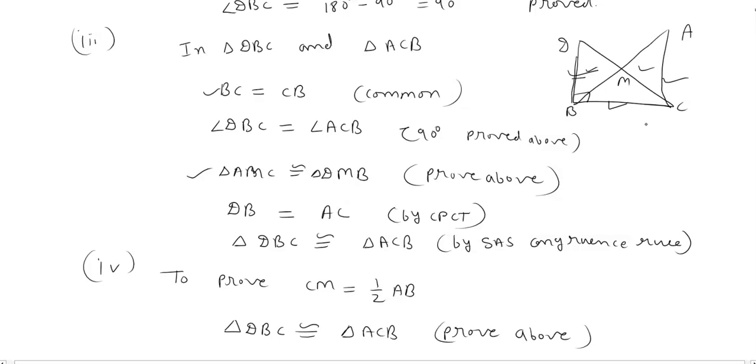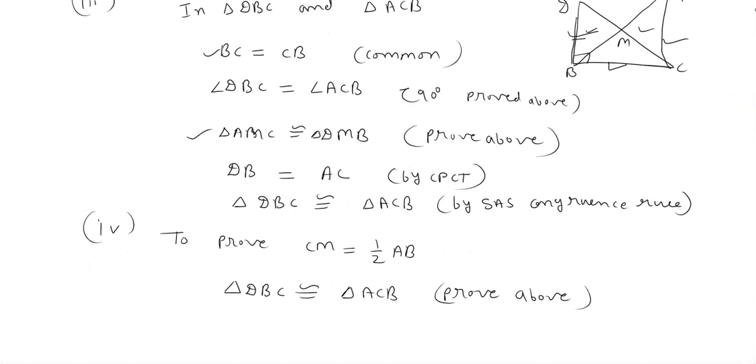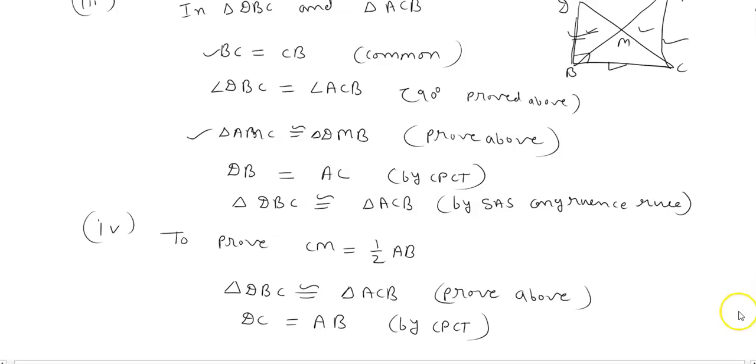So by CPCT, line DC is equal to line AB, corresponding parts of congruent triangles. This AB is equal to DC because triangle DBC is congruent to triangle ABC. So this side is equal.